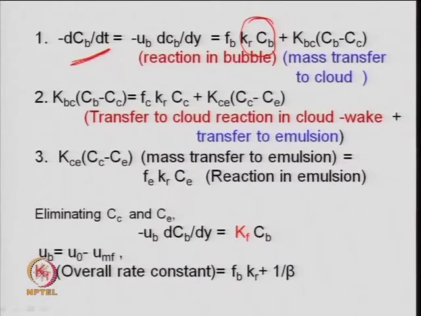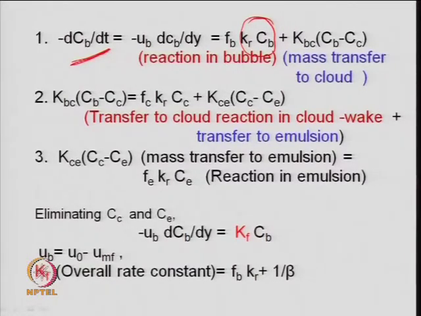So it will depend on the concentration of solid in the cloud wake phase times the chemical reaction rate constant times the concentration of gas A in the cloud phase, plus there is a mass transfer also. So, again this is a cross flow coefficient KCE, cloud to emulsion, times the concentration difference. So, this is a mass transfer rate, Cc, the concentration of gas in the cloud phase, minus the concentration of gas in the emulsion phase. So, this is your second step, what we discussed in the earlier slide.